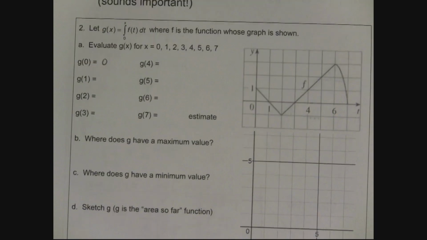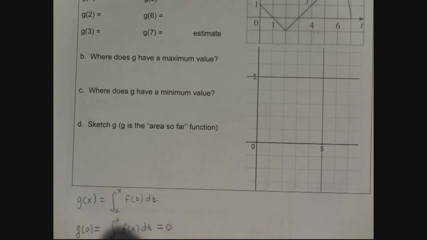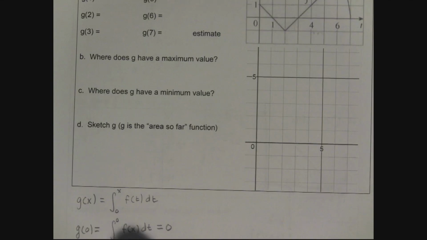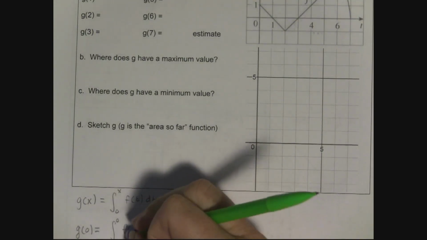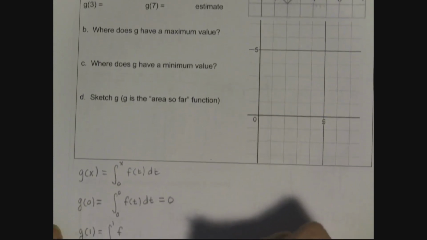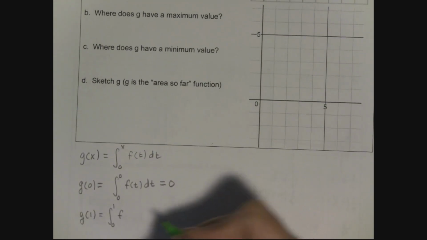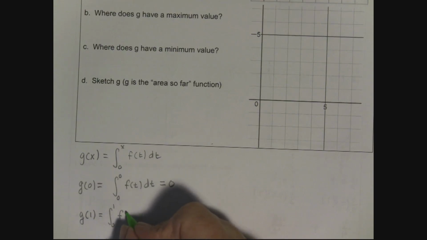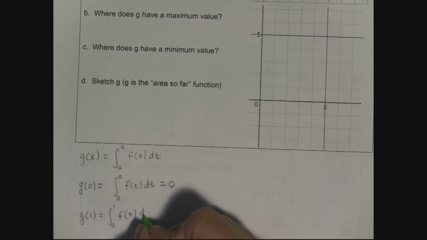Then g at 1. So that's going to be the integral from 0 to 1 of f of, I put x there, but that was a t, sorry. I didn't catch it because it didn't matter. So g at 1 is the integral from 0 to 1 of f of t dt.